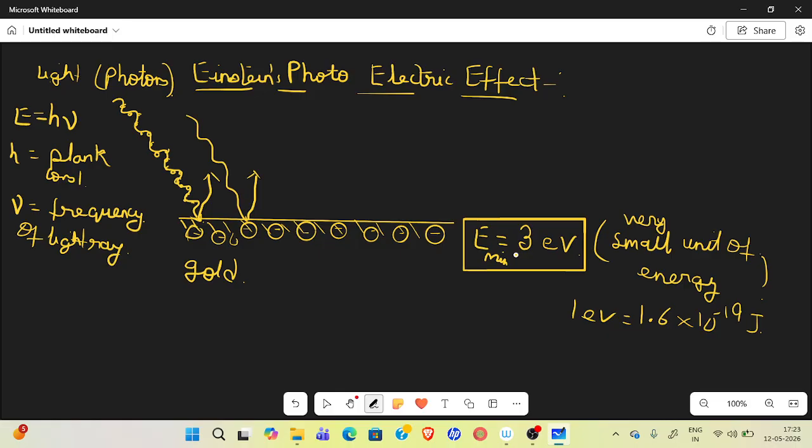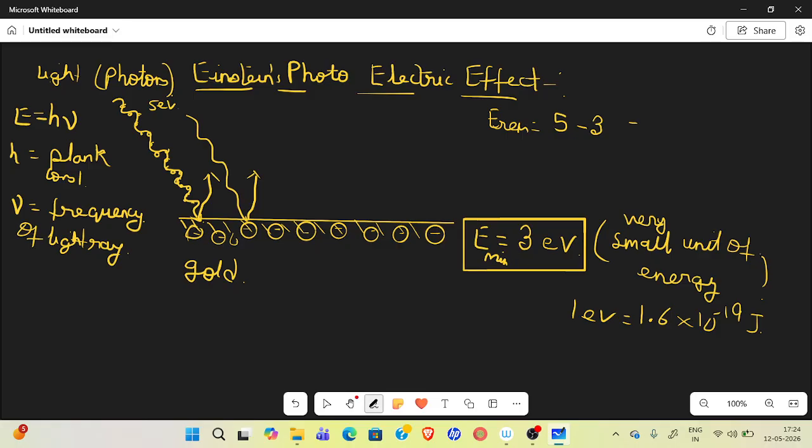If the photons are falling with the energy 5 electron volt, and 3 electron volt is the minimum energy to remove this electron, then the remaining energy, E remaining, will be 5 electron volt, the energy with which the photons were falling on the surface, minus 3, the energy taken by the electron to withdraw from the surface.